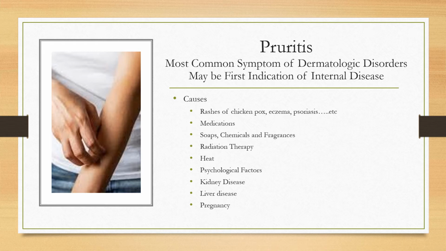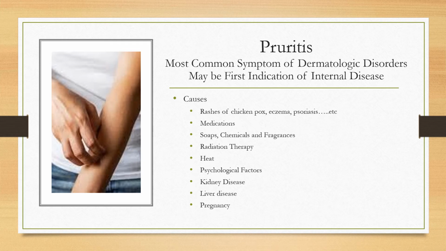Medications, in particular, courses of antibiotics can lead to urticaria, which is the rash that can develop with an allergy to an antibiotic, and itchy skin. Soaps, chemicals, fragrances can irritate the skin and lead to pruritus. Soaps, in fact, can lead to very dry skin because they take the natural oils away from the skin.